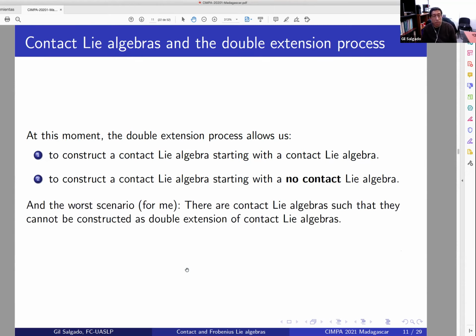And the worst scenario for me: there are contact Lie algebras such that they cannot be constructed as double extensions of contact Lie algebras. I mention this because at the start of this work, we had seen that with the double extension process, we can construct all the contact Lie algebras.